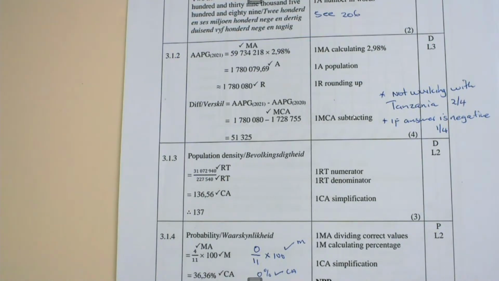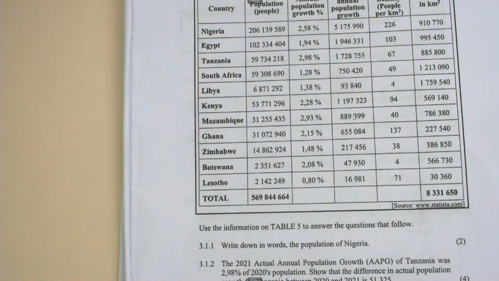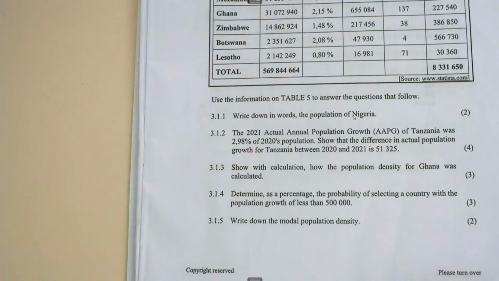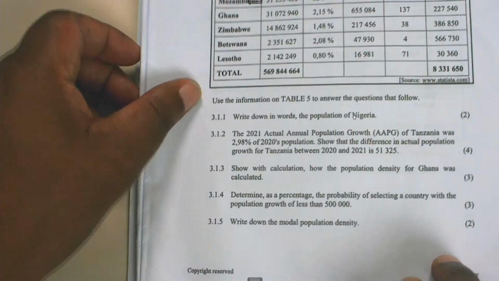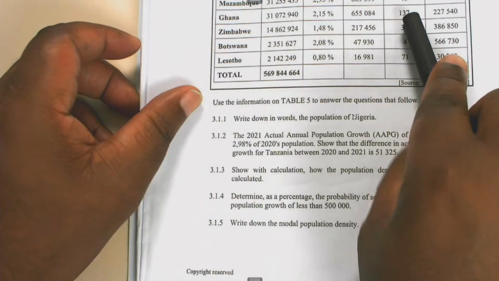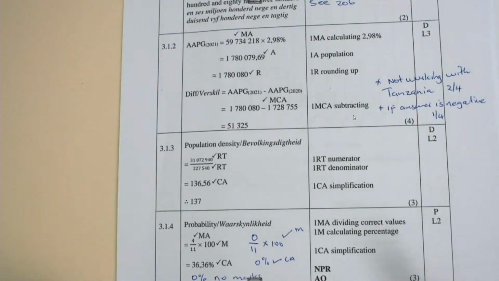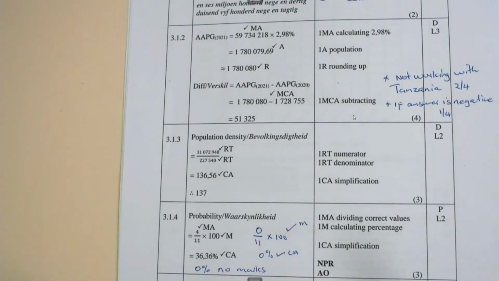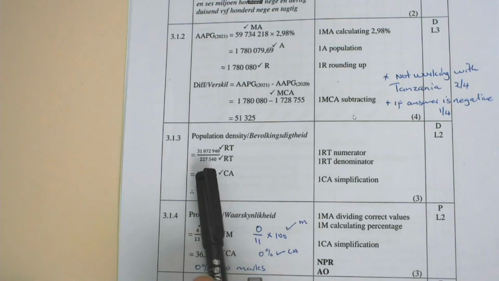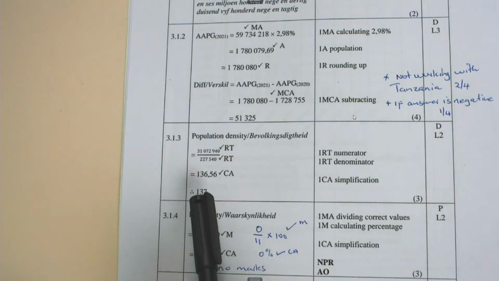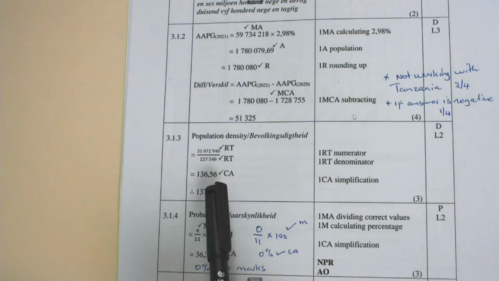3.1.3. Show with calculations how the population density for Ghana was calculated. And it's 137, you can see from the table. Right. The answer to that is those numbers: 31,072,940 divided by 227,540.